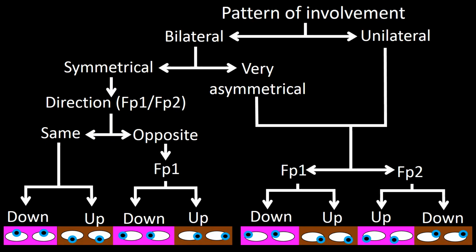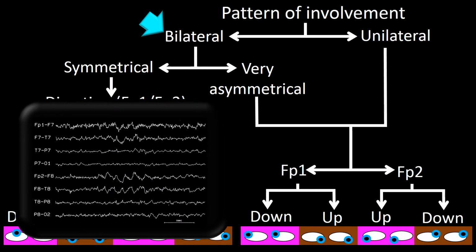Again, if we go back to the flowchart, we can see that the arrow points to bilateral, and that is because we were able to see the eye movements on both hemispheres. Yet the activity is very asymmetrical.